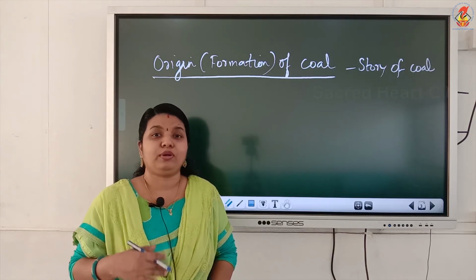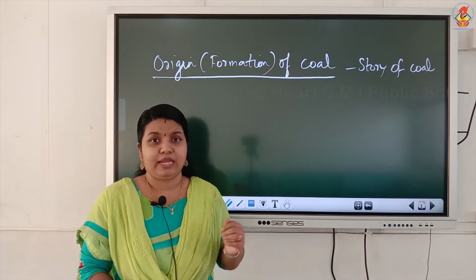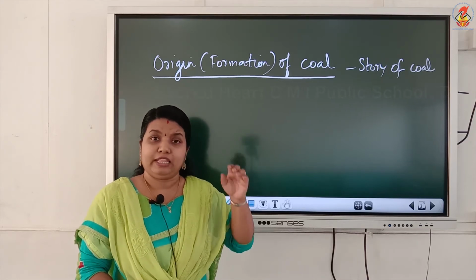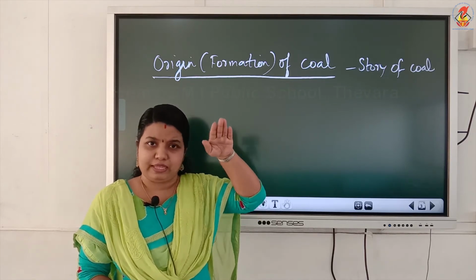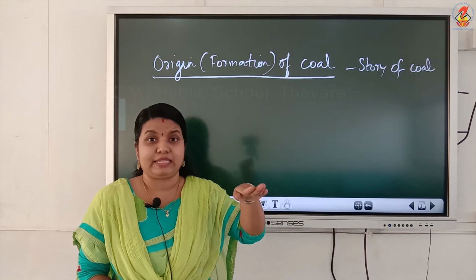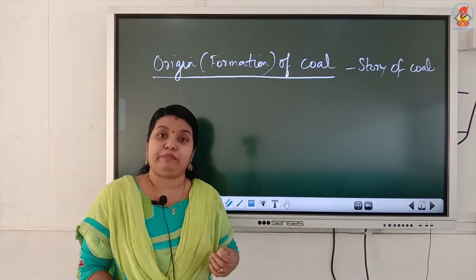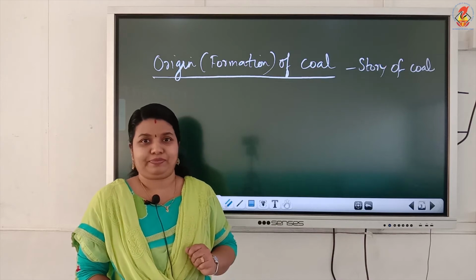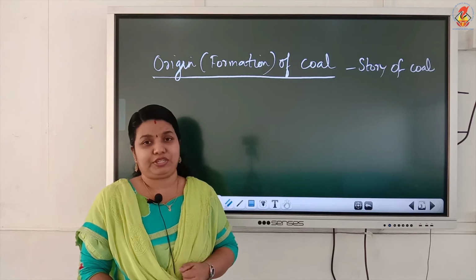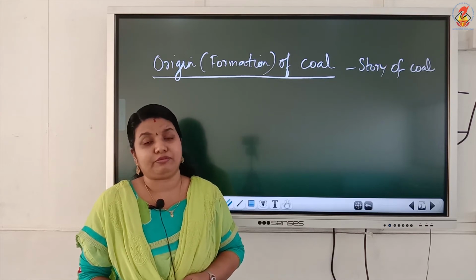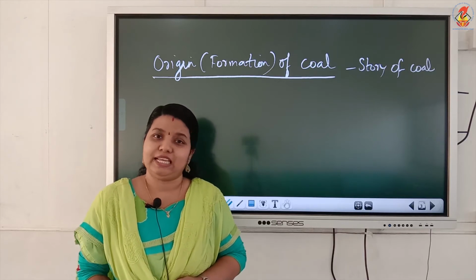More and more soil got deposited over these dead forests, and they were compressed. They sank deeper and deeper. Then the temperature also increased. Under high temperature and pressure, these dead plants got converted to coal. So this is how coal is originated in nature.